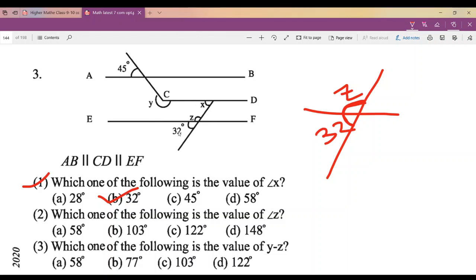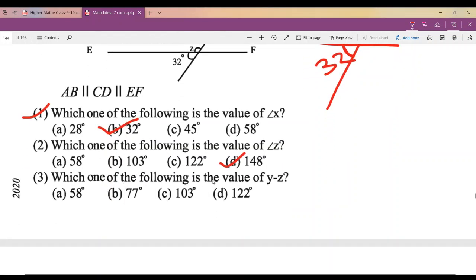So if this angle is 32, then the other angle is obviously 148 because 32 and Z are supplementary. Their sum is 180 degrees. Clear now? I hope it is.